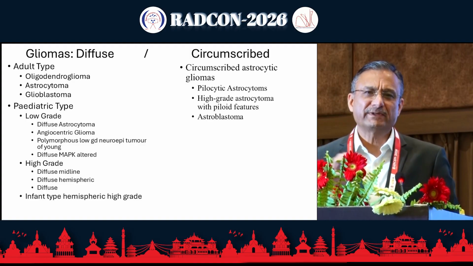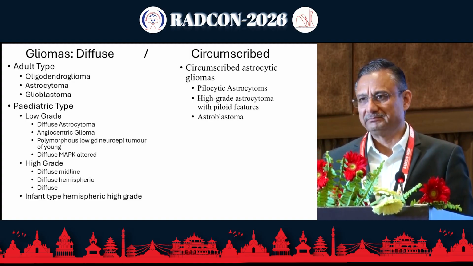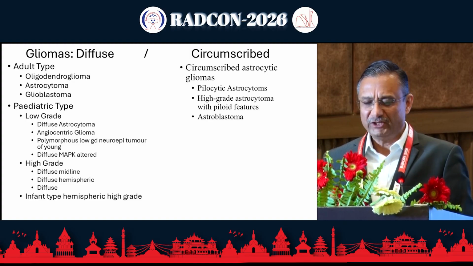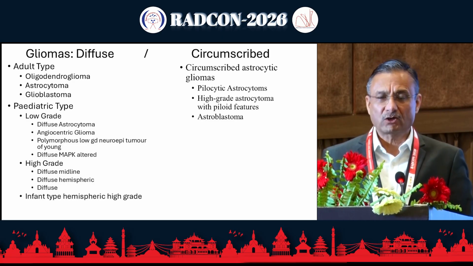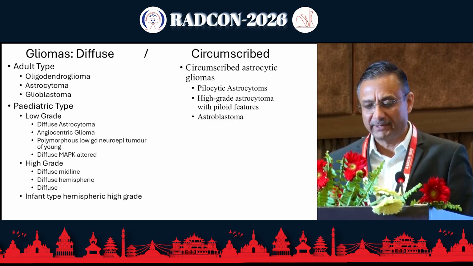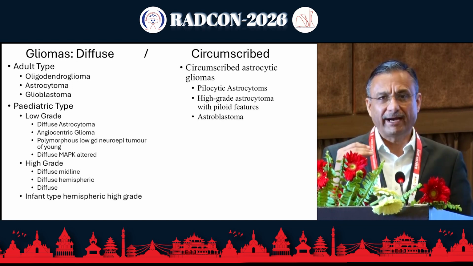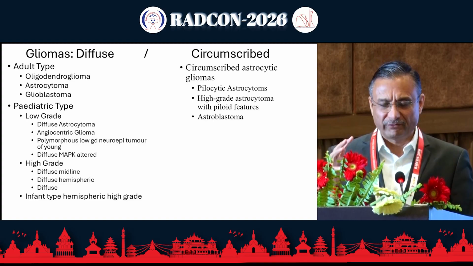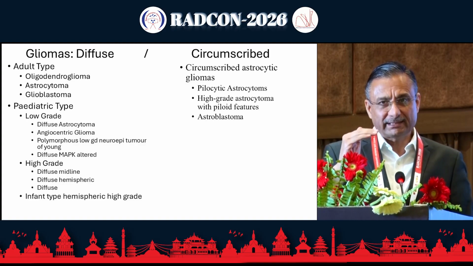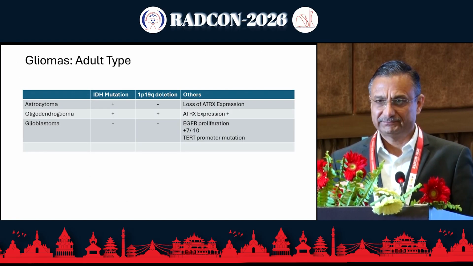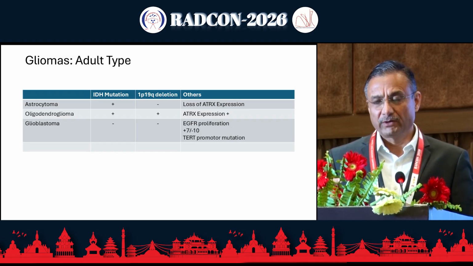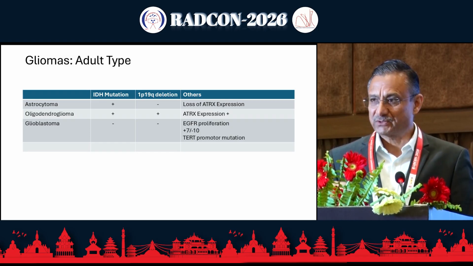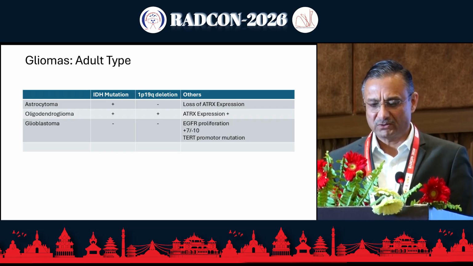But there are certain things which are inescapable for us to know. With CNS5, we should know that the gliomas, which are the commonest primary tumors in the brain, have been divided into diffuse and circumscribed. Most of them are diffuse. Diffuse can be adult type and pediatric type. Adult type can be oligodendroglioma, astrocytoma, or glioblastoma.